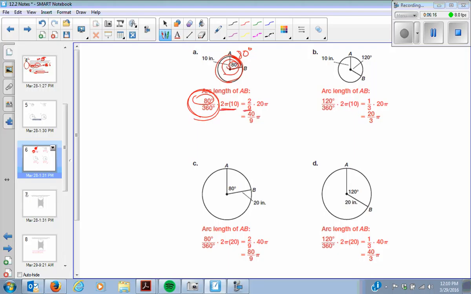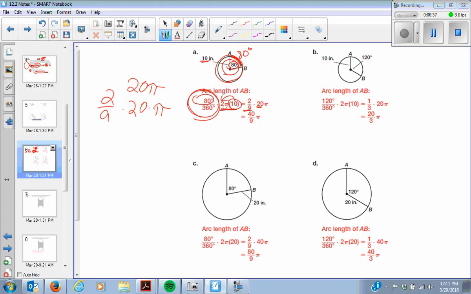Then we need to find the circumference. Well, the circumference is 2 pi r. The r in this case is going to be 10, and when I do 2 times 10, I get 20. So that's where the 20 came up. So we've got 2/9 times 20 times pi, which you can write as just 20 pi if you want to, like they did over there.